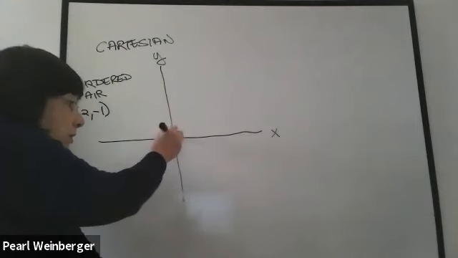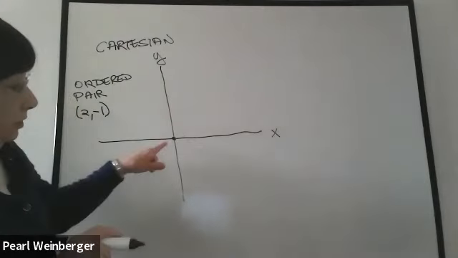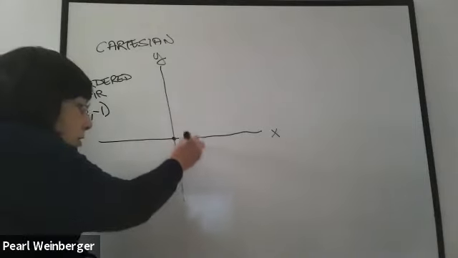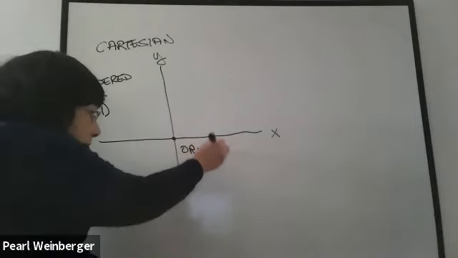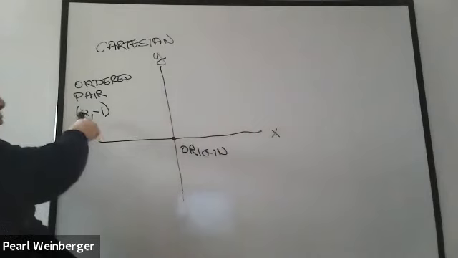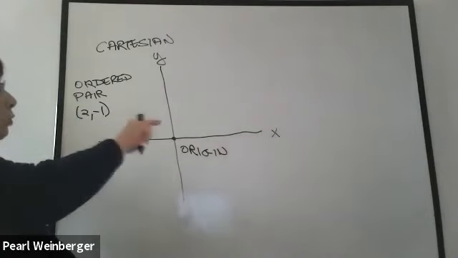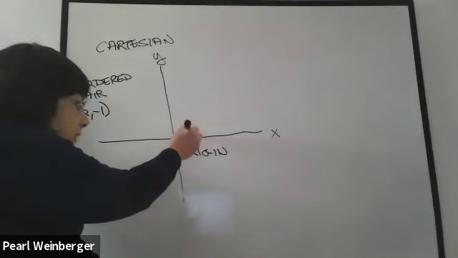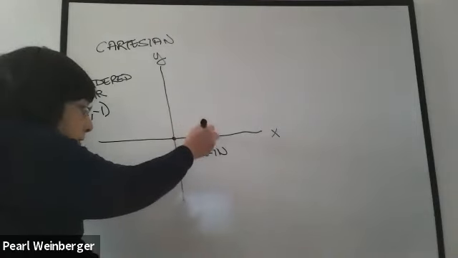I always start counting from this point where the two meet, which is called the origin. And this is telling me to count 2 points from the origin going, since it's the first number, in the x direction. So it's a positive number, so I'm going 2 here.